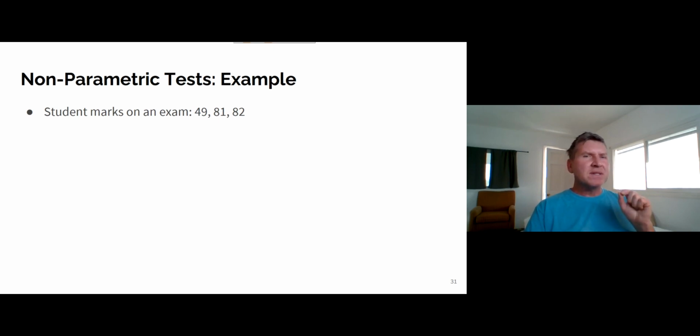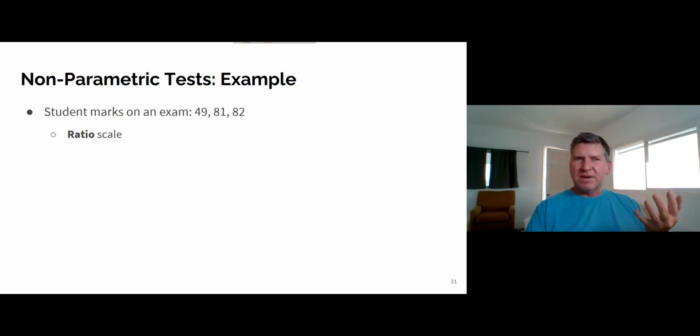Students' marks on an exam, or their scores, were 49, 81, and 82. So we have three different values, assuming they're on the same scale of 0 to 100. The interval between each mark or each point on that exam is the same, so the gap between 49 and 50 is the same as the gap between 81 and 82.